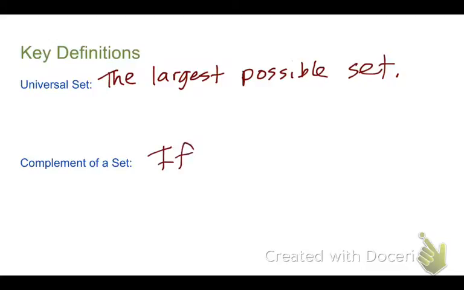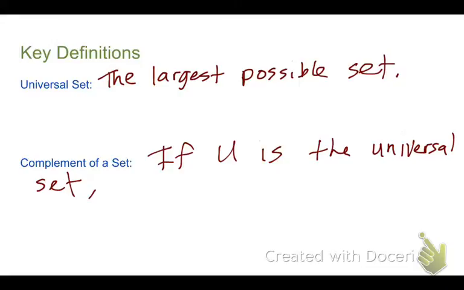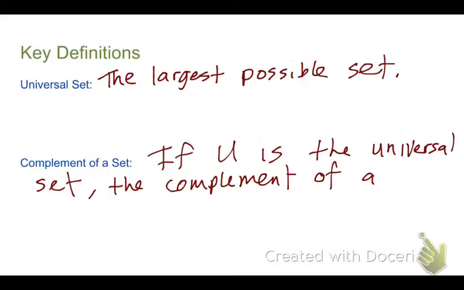If U is the universal set, the complement of a set A, written A prime, so that apostrophe looking thing is called a prime in our textbook.